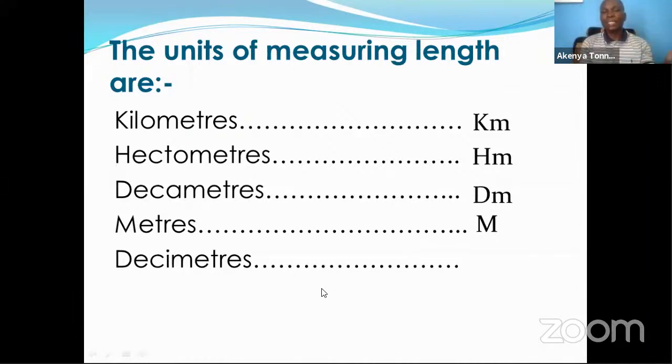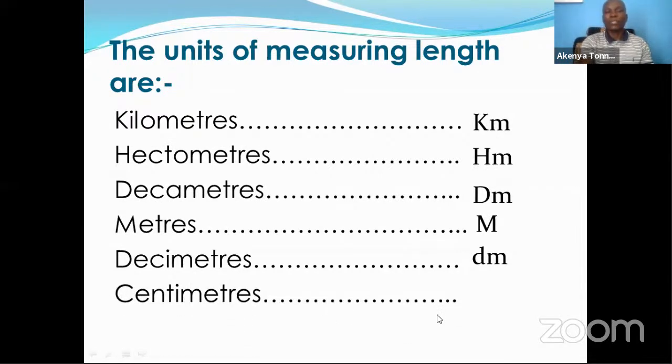Let's use capital D for decameter and small d for decimeter, so that when we write it with a small d, we mean decimeter, and when we write it with a capital D, we mean decameter. Very good. Then the second last is called, can I pick someone to read for us the second last unit? Okay, someone, yes.